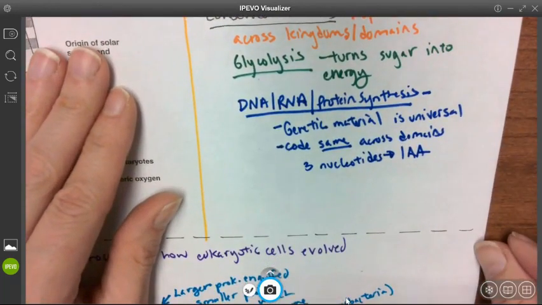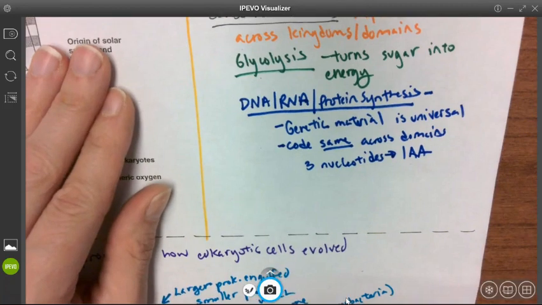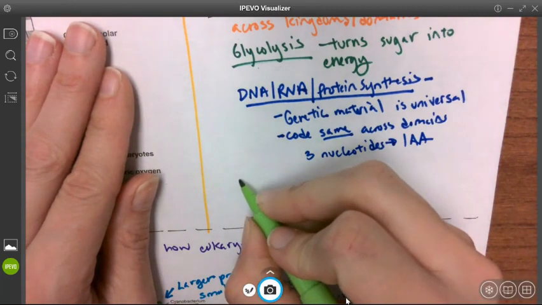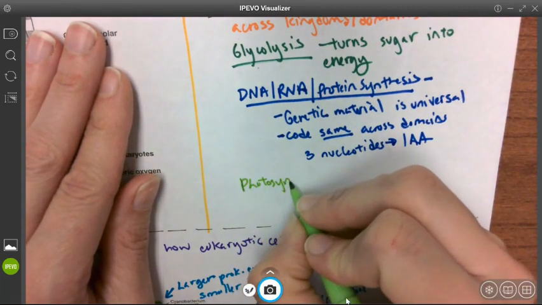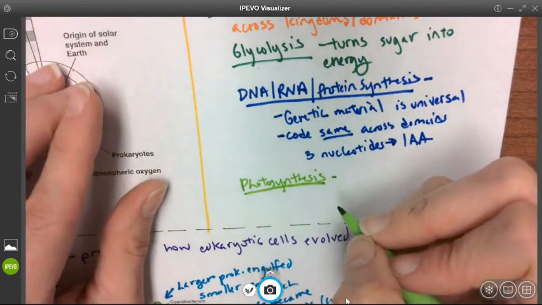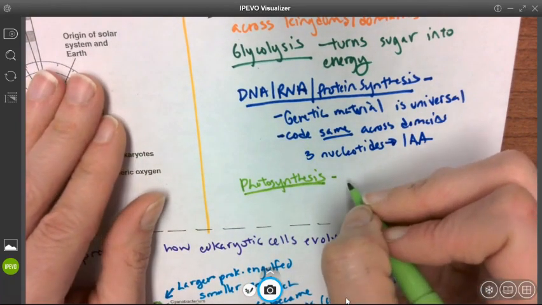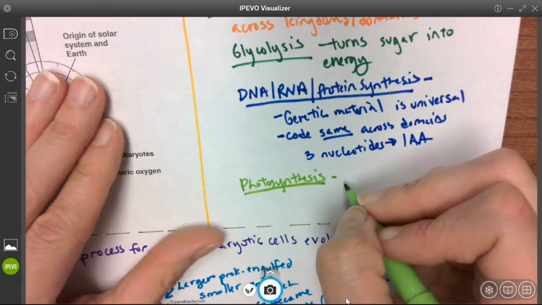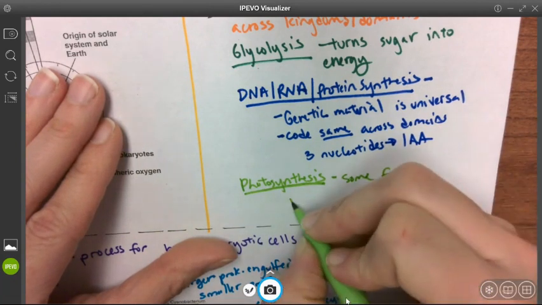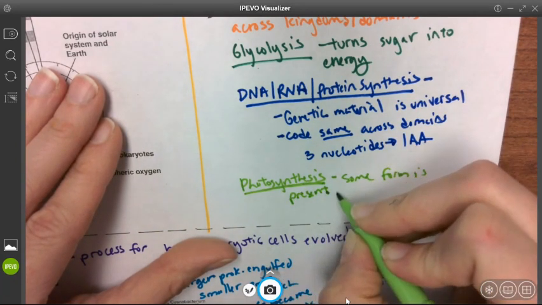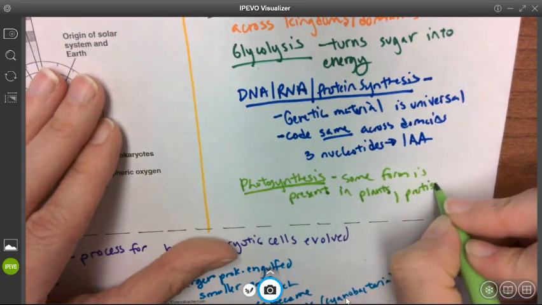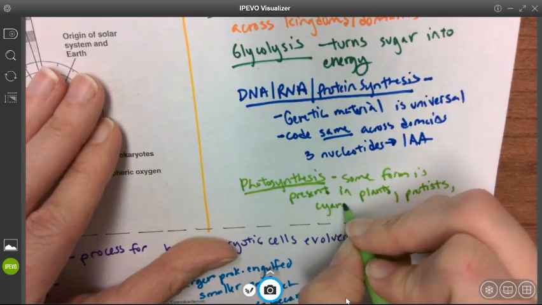Another conserved process is, it's not conserved across all kingdoms and domains, but another important one is really photosynthesis. Obviously, fungi and animals and some bacteria and some protists don't do photosynthesis, but there is some form present in plants, protists, cyanobacteria.